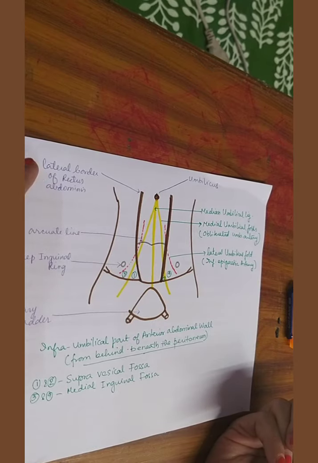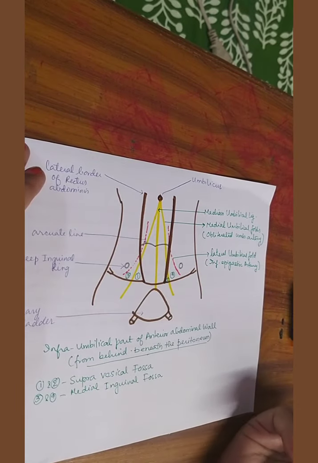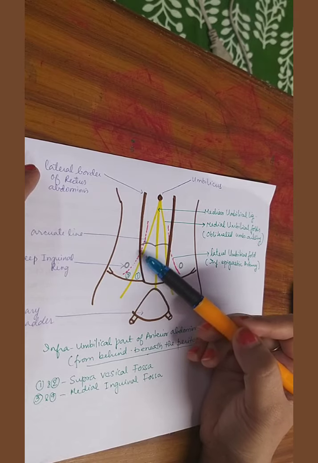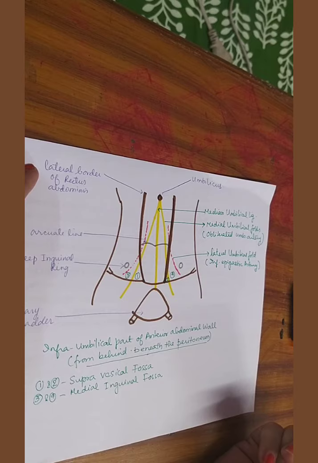Plural is fossae, F-O-S-S-A-E. So 3 and 4 are the pair of medial inguinal fossae. They lie between the medial and the lateral umbilical folds.